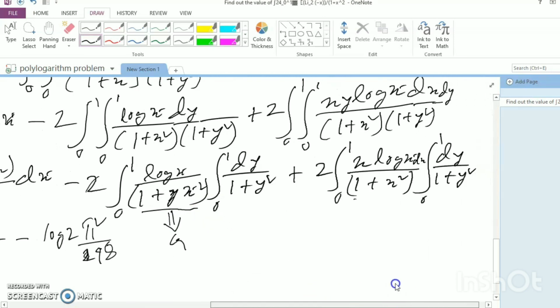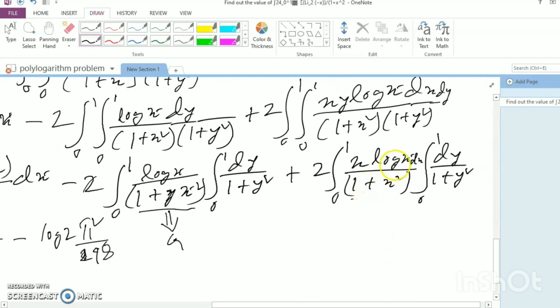Now next, this is x into log x divided by 1 plus x square. You see that this value is 1 plus y square, equal to pi by 4, and log x into log 1 plus x square.